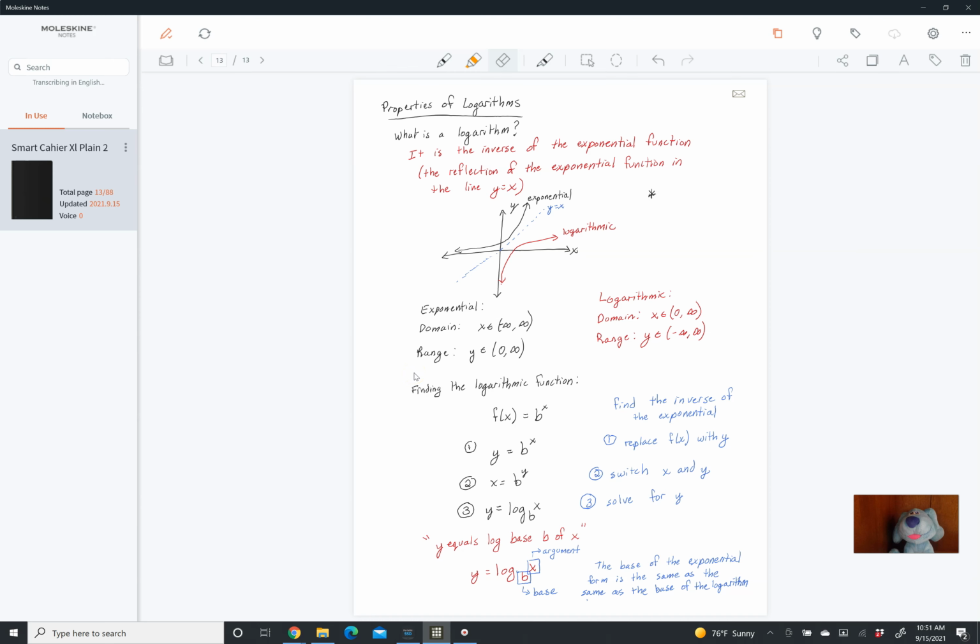This is the most important thing that you're going to hear. The purpose of a logarithm is to solve for an exponent.